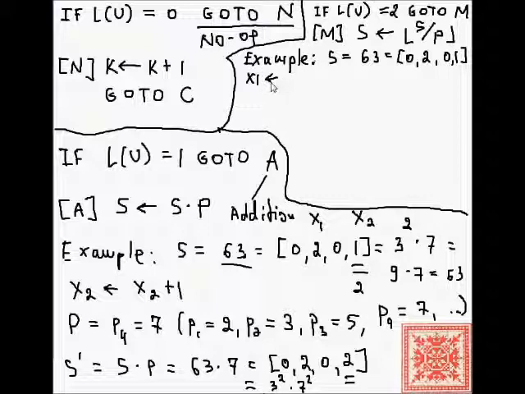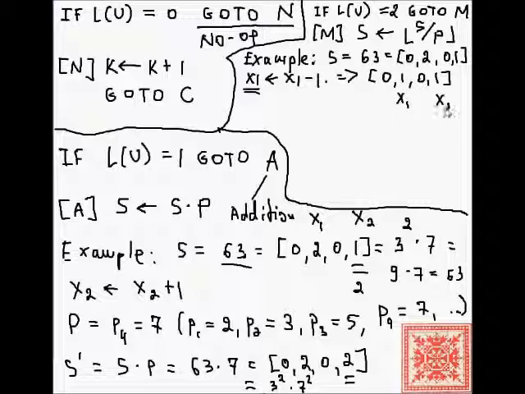Let's assume that the next instruction is a minus, x1 equals x1 minus 1. So after this is executed, our state should be 0, 1, 0, 1, because the value of x1 should decrease from 2 to 1. So this is x1 and this is x2.